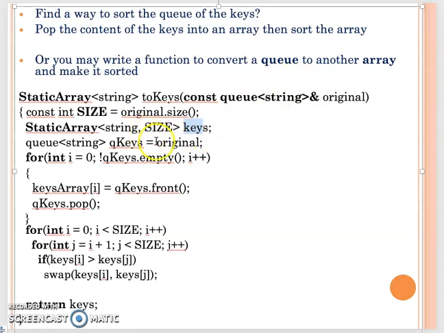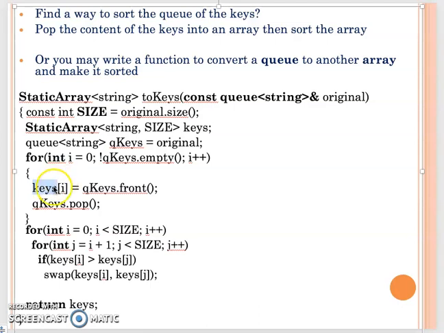Since this one is passed by constant reference, I cannot pop from it, so I make a copy. After I make a copy, as long as it's not empty, I pop and copy each element into the keys array at each index, then save all the popped keys into the static array.